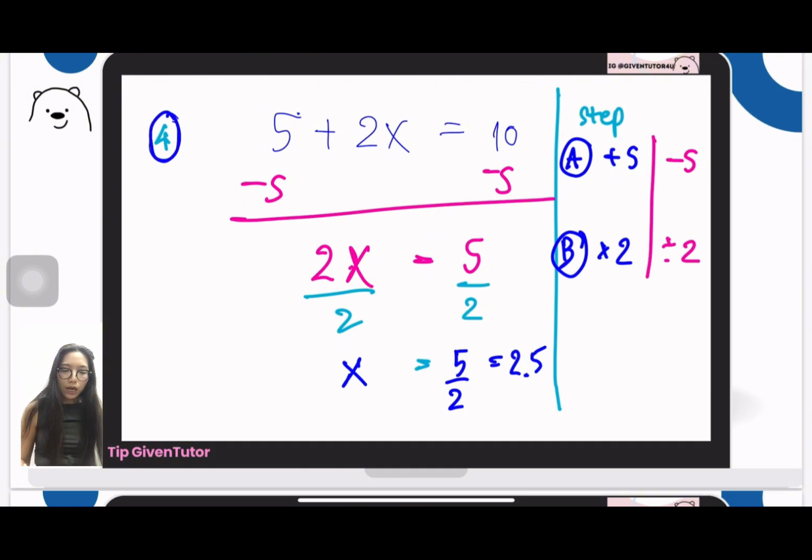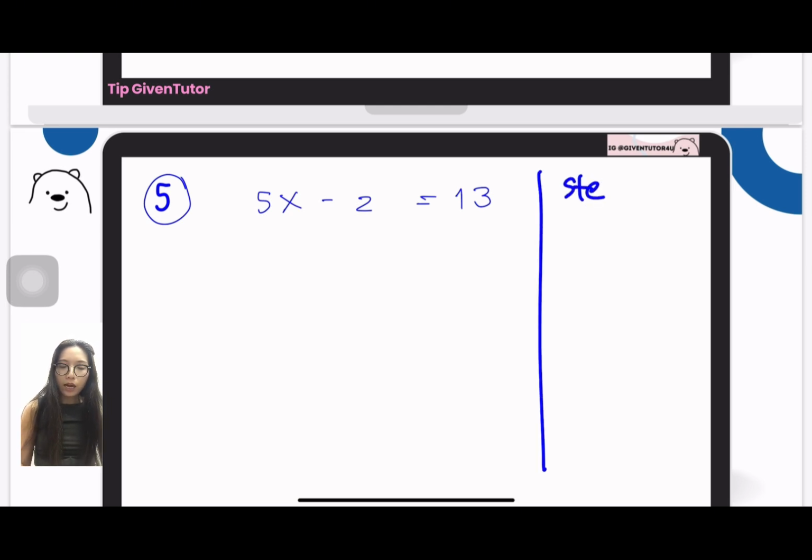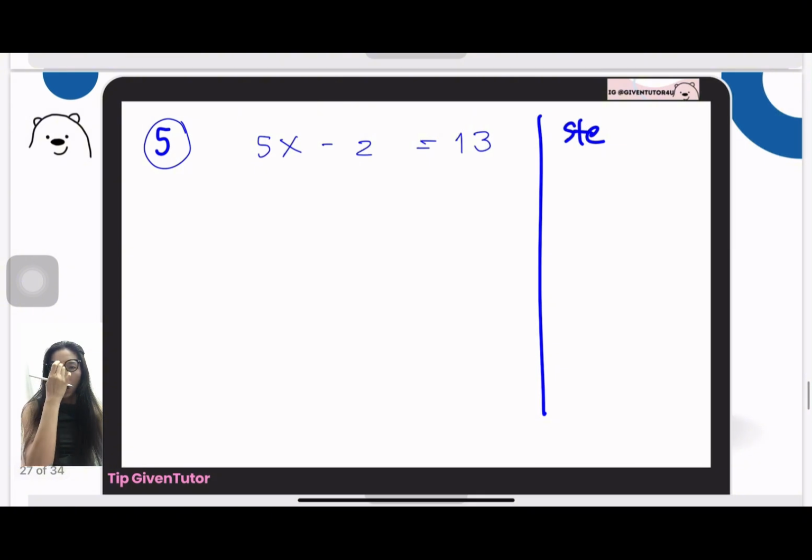Okay, let's see the next. The next one is number 5, right? Again, we follow the steps. Okay, I try to write down the step by step, and then you can see that even if you use normal algebra it will get easier.